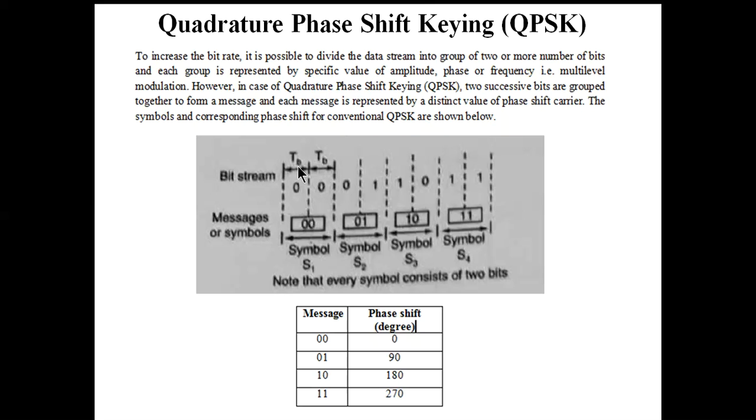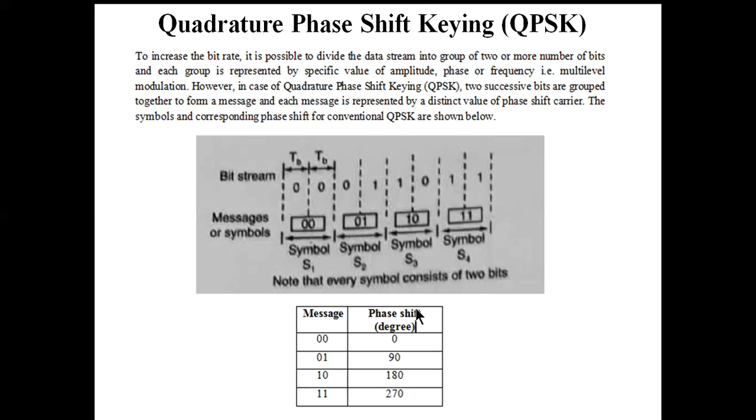For an individual incoming bit the duration is TB. However, in case of QPSK, the total time duration will be 2 TB, as we consider two successive bits for one symbol. Note that every symbol consists of 2 bits.